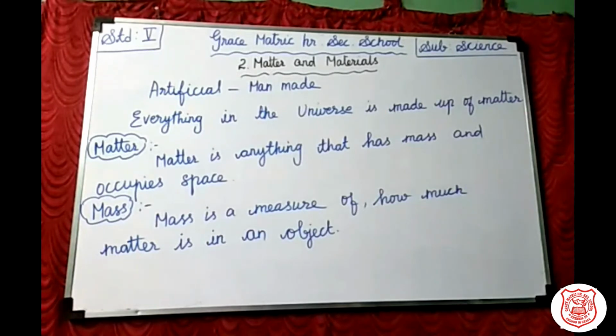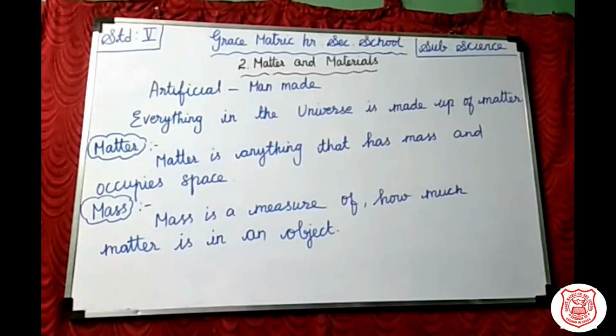So, now you can understand the term matter easily. Matter is anything that has mass, and mass means weight, and it occupies space. Not only this tumbler, the book, pen, pencil, in fact you and me and everything, we are all matter.